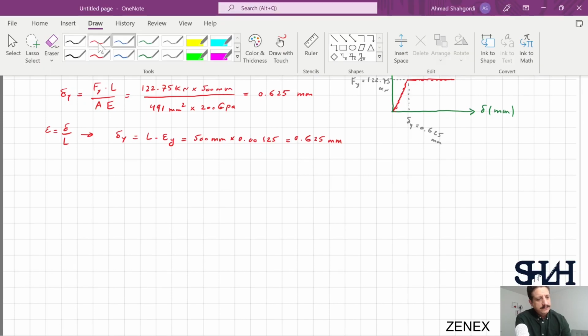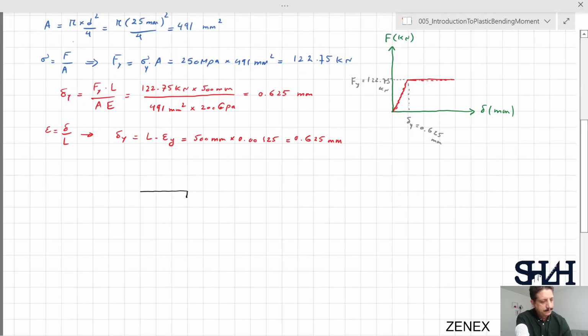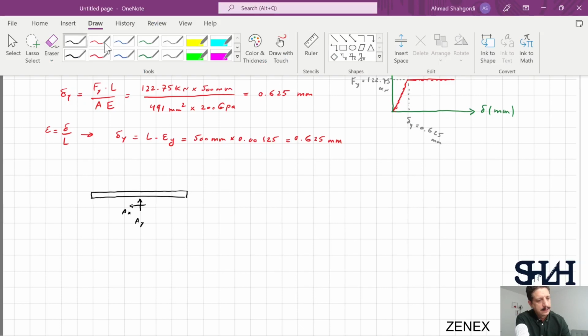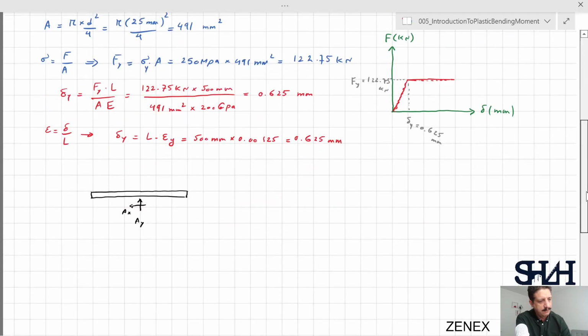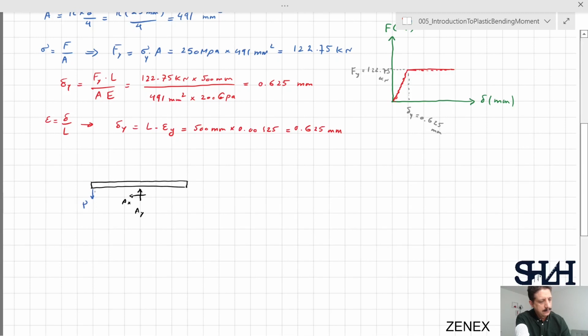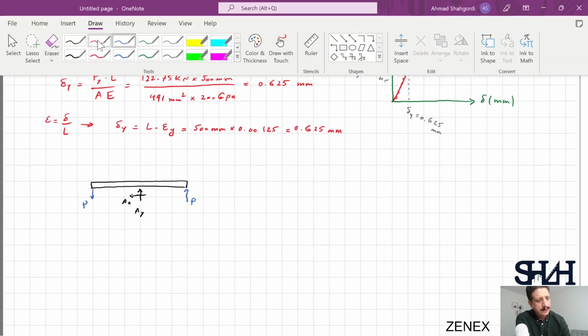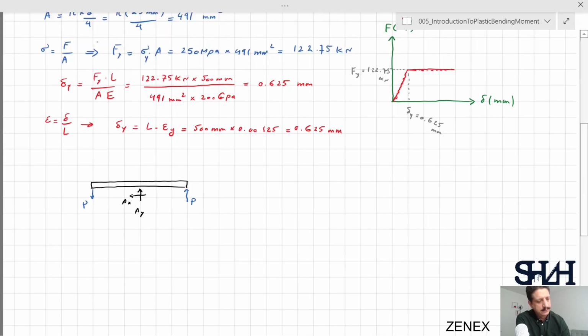Now let's sketch the free body diagram of the rigid element. At point A, we have AY and AX. At both ends, we have force P, the same value in the opposite direction. And as we mentioned, we would expect here we have FB, FC, and FD.